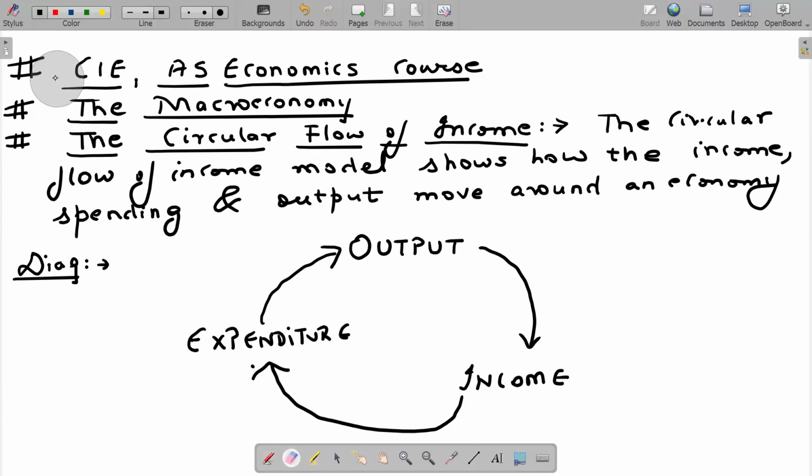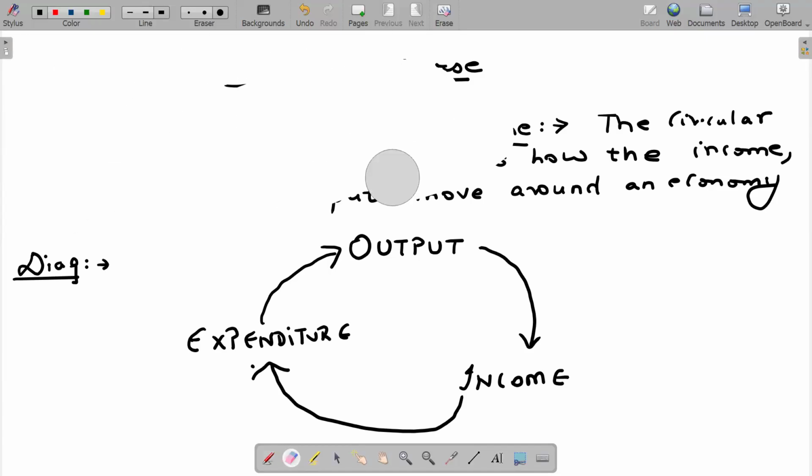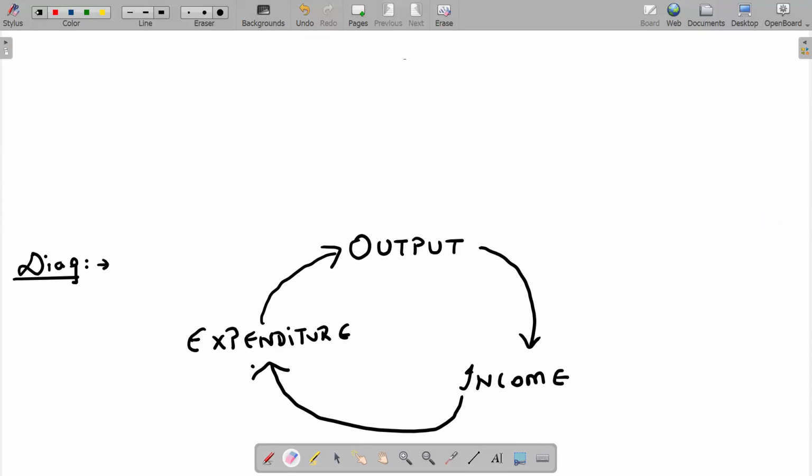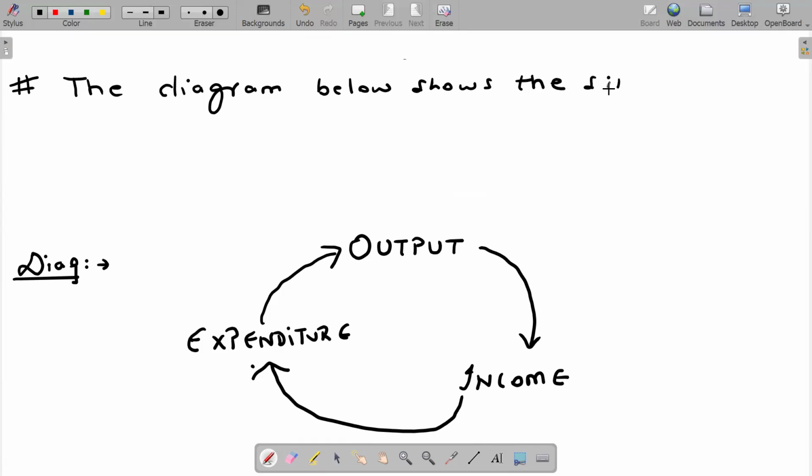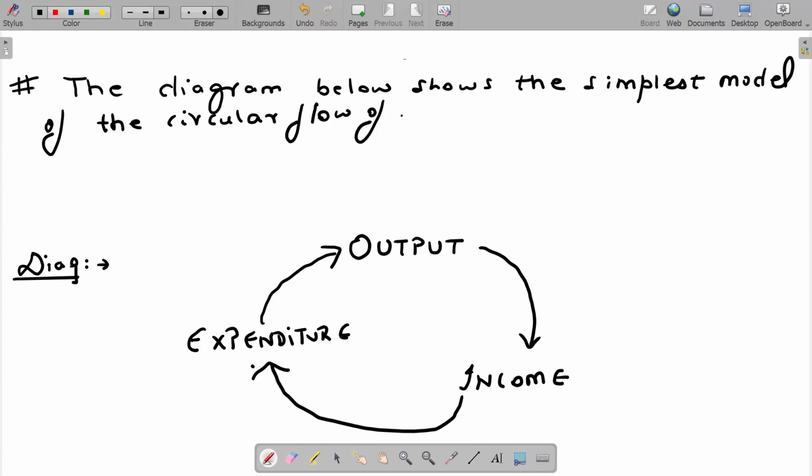So I can erase the initial portion off and I can write that the diagram below shows the simplest model of the circular flow of income.